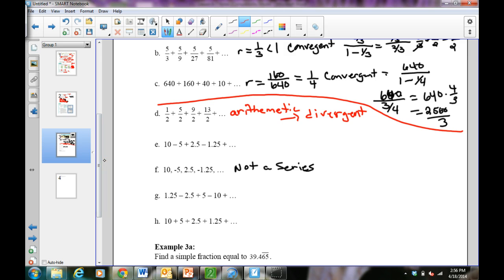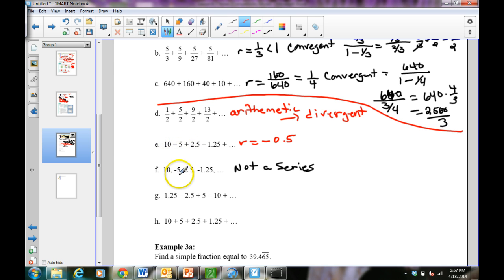Okay? E. What's happening on this one? What's my R value? 0.5. It's a negative 0.5, right? I don't understand what's happening here. Well, because 10 divided by 2 is 5, but this is a negative 5 here, so it's going to be 10 divided by a negative 2, right?